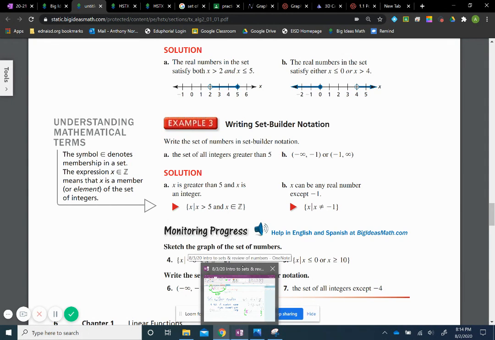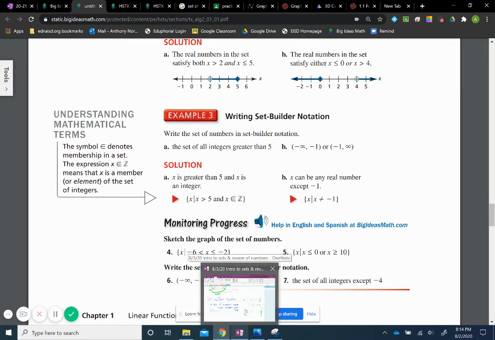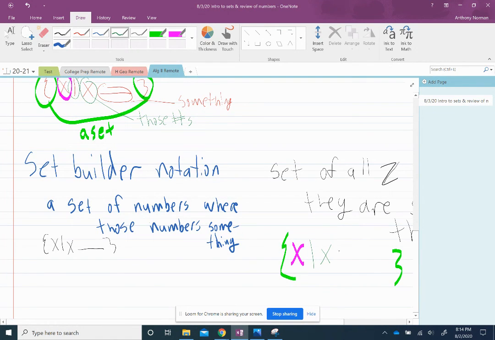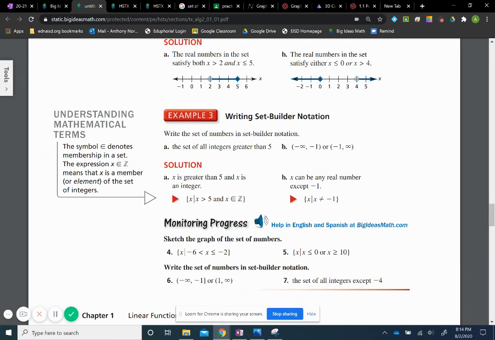This symbol means an element of or belongs to. It just means x is an integer and x is greater than or equal to 5. You could write it either way because and goes both directions. X can be any real number except -1. So there's a set where x is not equal to -1.